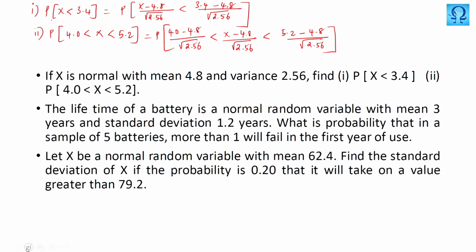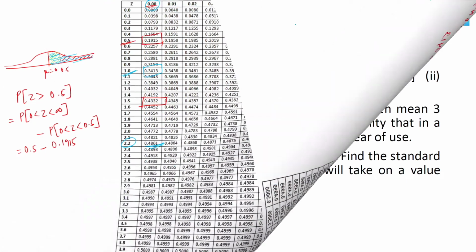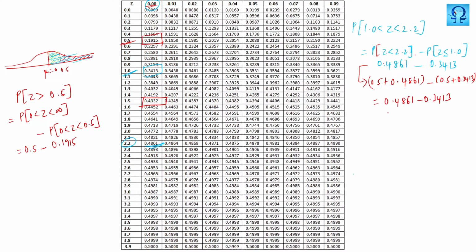In the previous video, I did not tell you how to read the values in such a case. Supposing we have the probability of minus a less than z less than b, where a and b are positive quantities, we will write it as the probability of minus a less than z less than or equal to 0, plus the probability of 0 less than z less than b.